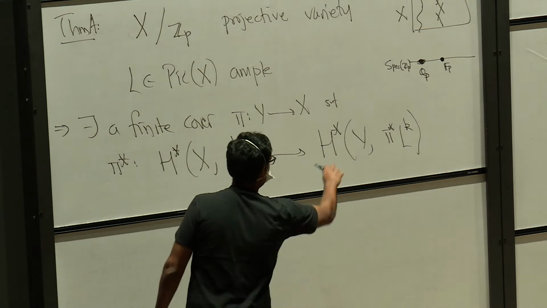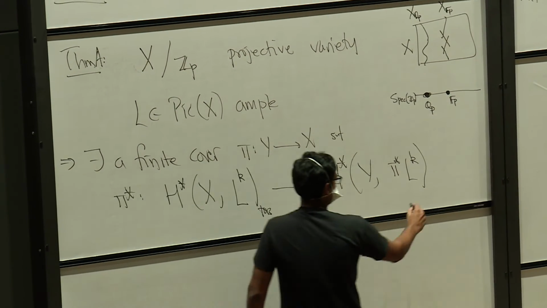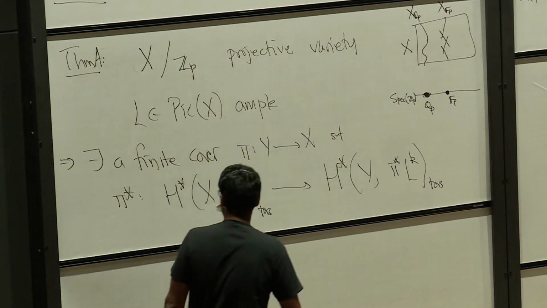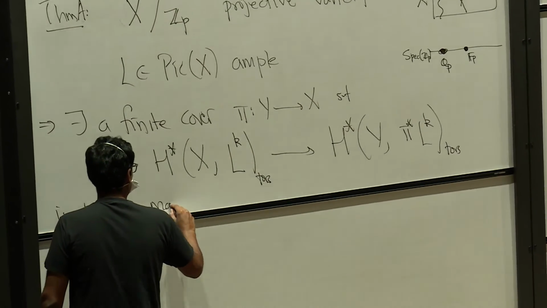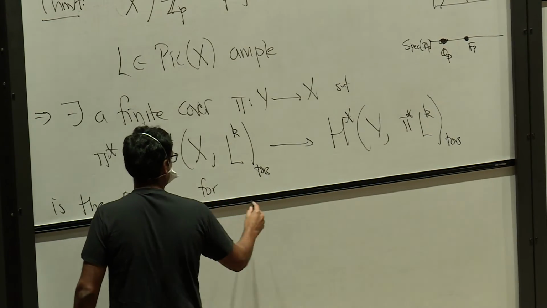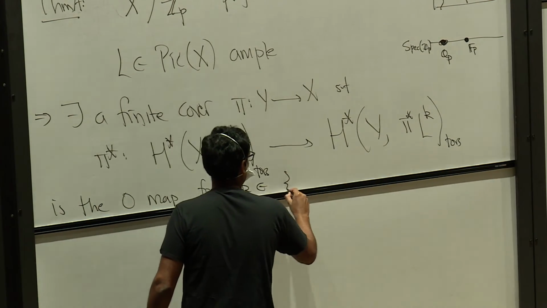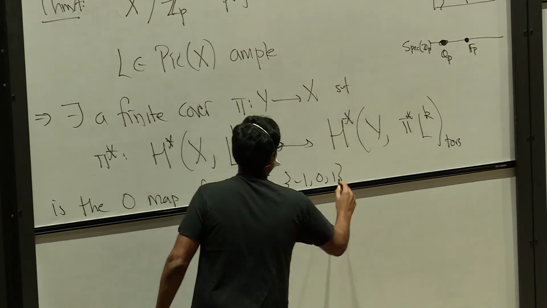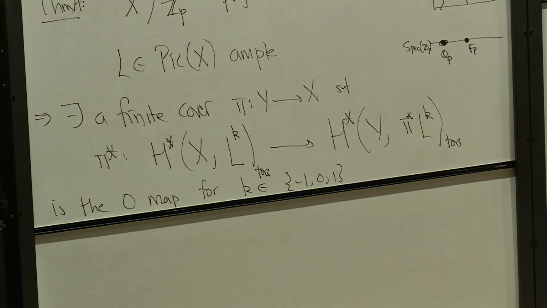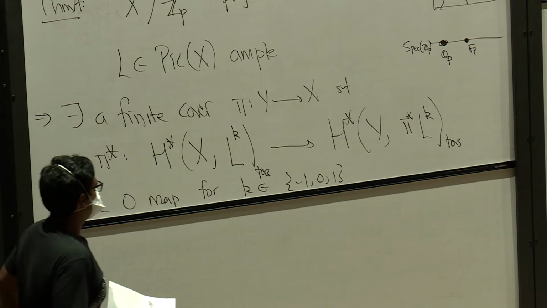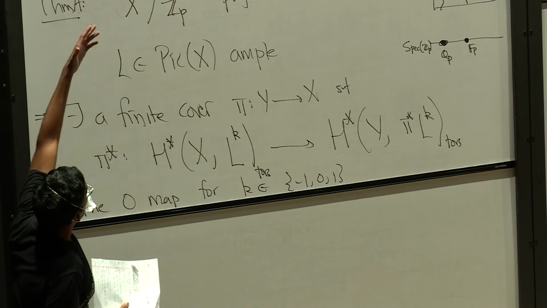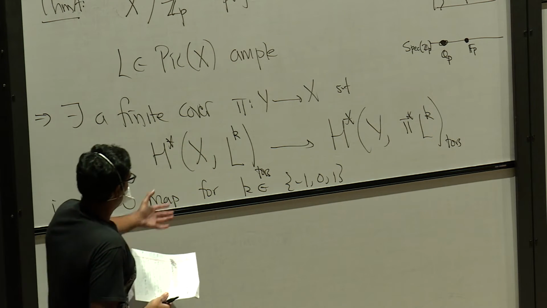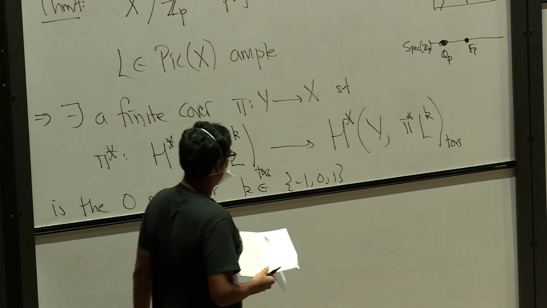So pi upper star on torsion is the 0 map for k being -1, 0, or 1. So for both positive and negative powers, and in fact the 0th power, you can annihilate the bad classes, the classes that wouldn't be there if Kodaira vanishing were true, by passing to these finite covers.